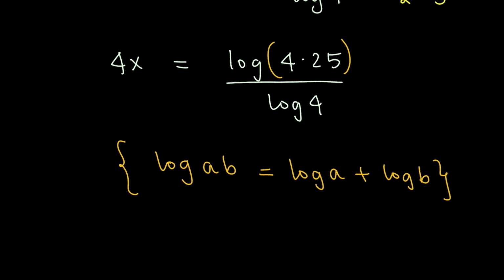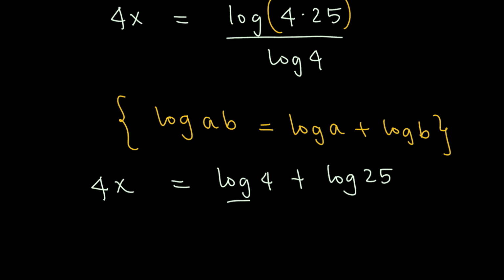So this will give us 4x is equal to log 4 plus log 25, then divided by log 4.